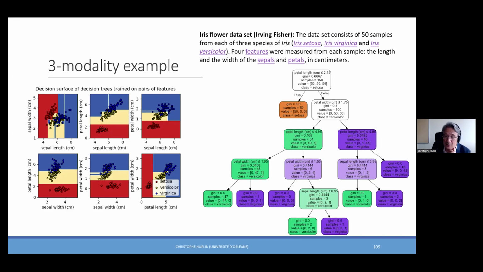So Y takes 3 modalities, iris setosa, iris virginica, and iris versicolor. And the maximum value of the Gini index in this case is 0.66, because it is 1 minus 1/3 squared minus 1/3 squared minus 1/3 squared, and this is equal to 0.66. Okay. Thank you.